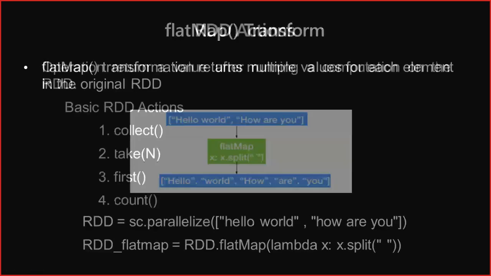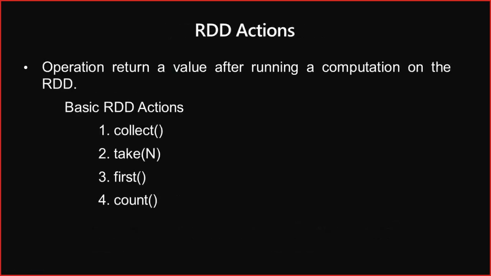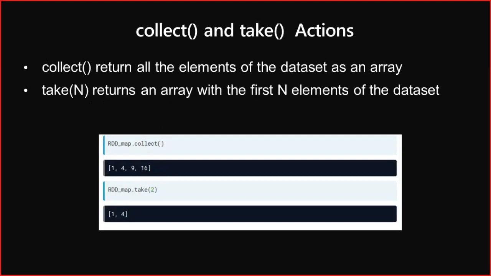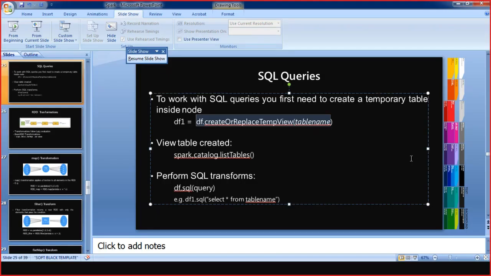Okay, then we have RDD actions. We can fetch the data. We can print only the first 10 values. We can print only the first line, and we can also count how many rows there are. As seen earlier, let me show you again.